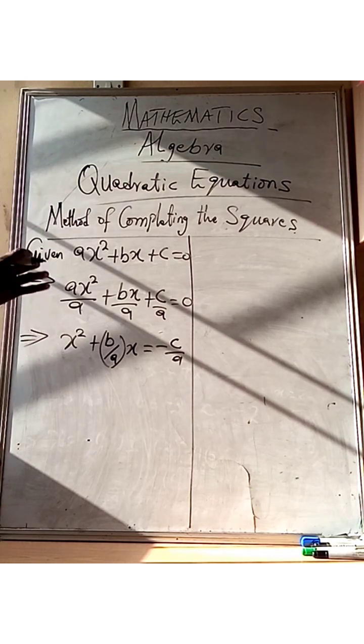Then this is the point where you complete the square. And how do you complete the square?